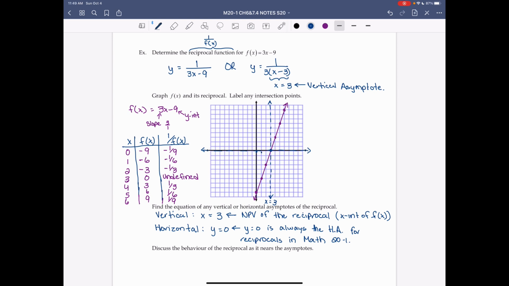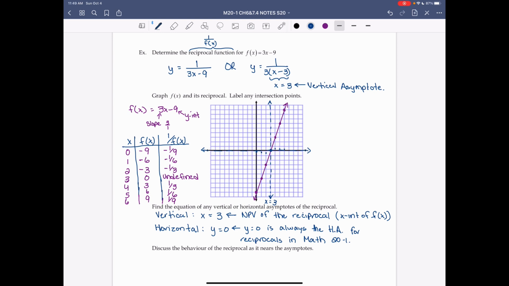When x equals 2, we have -1 over 3. And then when x is 3, it's undefined, that's our asymptote. When x is 4, we have +1/3. When x is 5, we have +1/6, and when x is 6, we have +1/9.